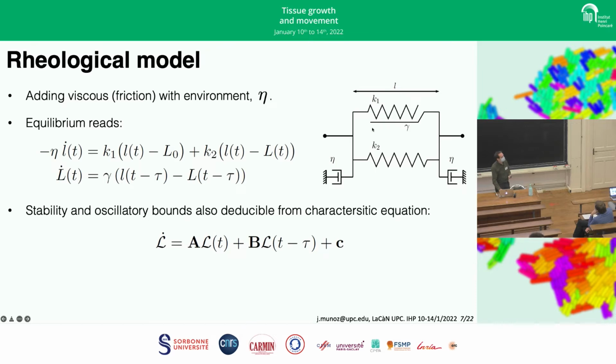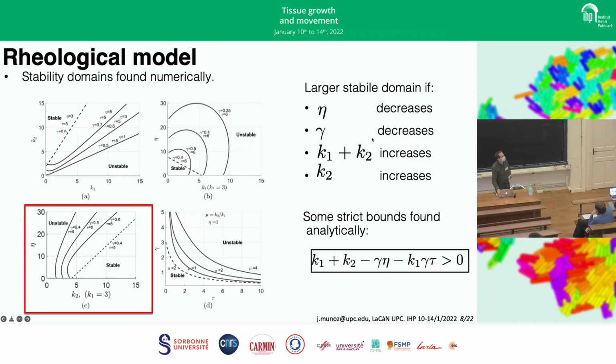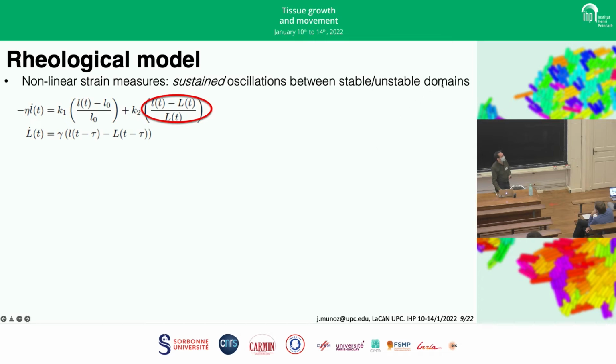Sorry, because K1 and K2 are swapped here, because this K2 is proportional to my rest length, that is the top branch that we have. So this is a nonlinear strain measure because capital L depends on time. Okay, and so the same equations: the equilibrium on the top and the evolution law for capital L, my rest length, on the bottom.